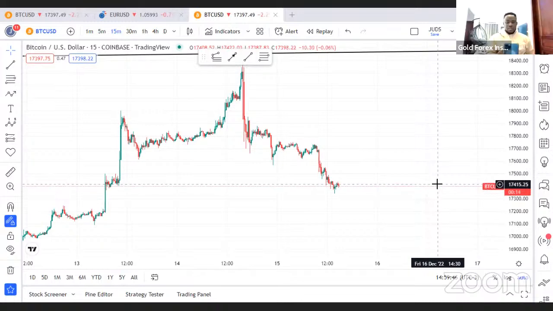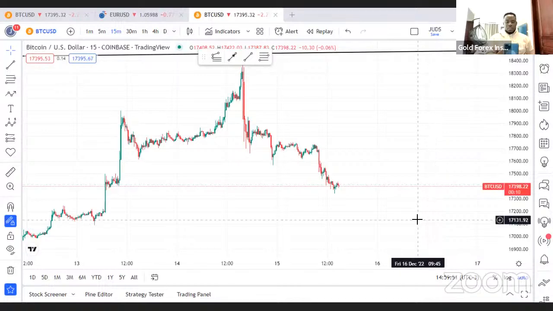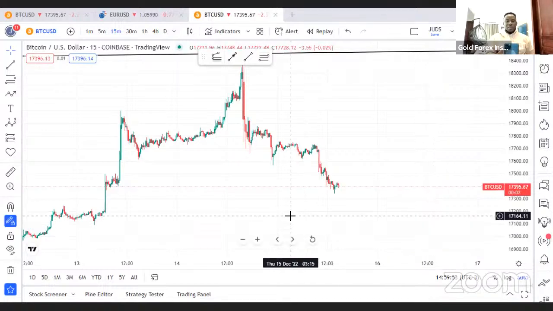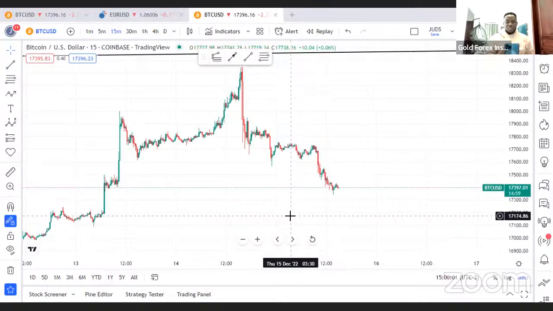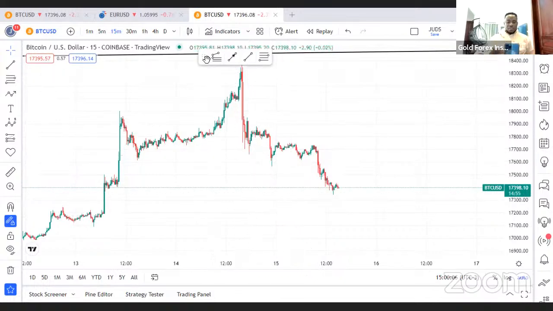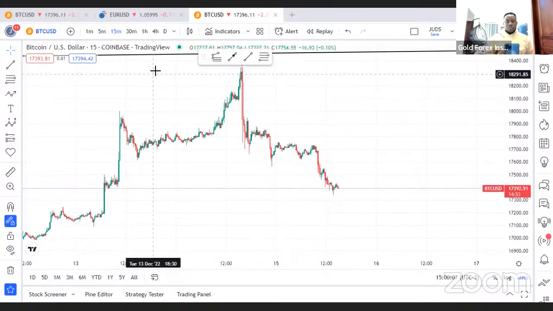That's it. You just have to see them and you hit the trigger. So the secret is basically the flags, the Elliott wave corrections. See them and enter, see them and enter. This is what it is.